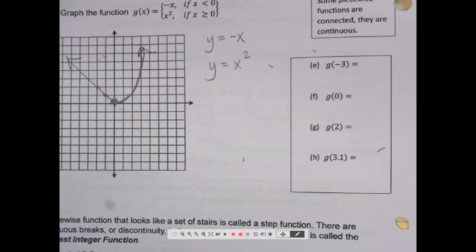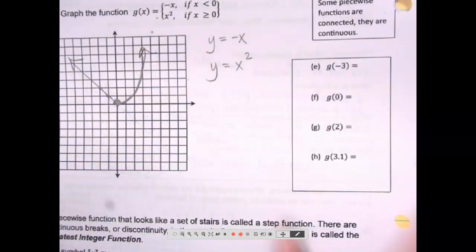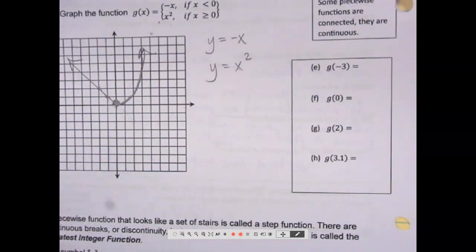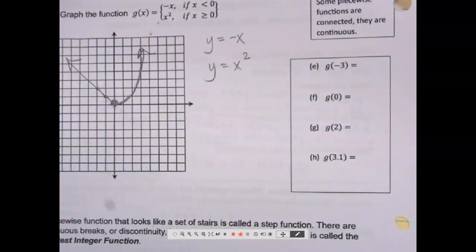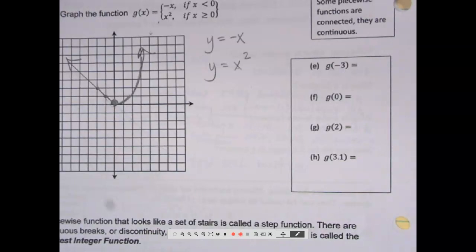Do you want to give this part a try over here on your own? And when I say on your own, please talk to a neighbor or talk to me as I come around. Identify which piece of the domain it goes with and then sub it into that piece.